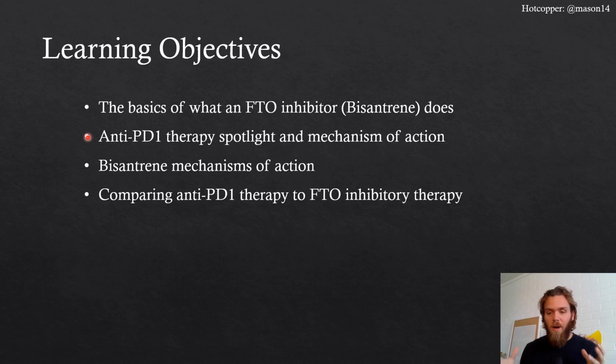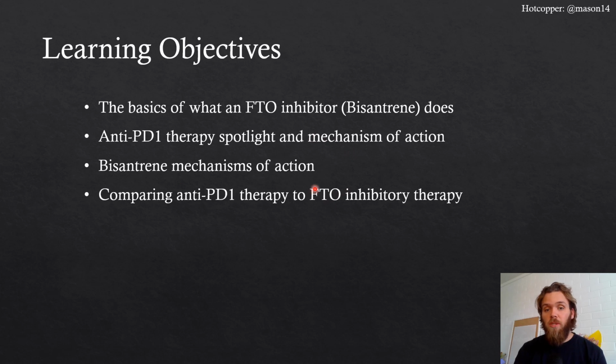Now, it might seem a bit weird doing a section of the presentation about this mechanism, but when I explain it and at the end compare it to FTO inhibitory therapy, it can help to understand and conceptualize what an FTO inhibitor does compared to another modality of anti-cancer therapy. So I think that's really important.